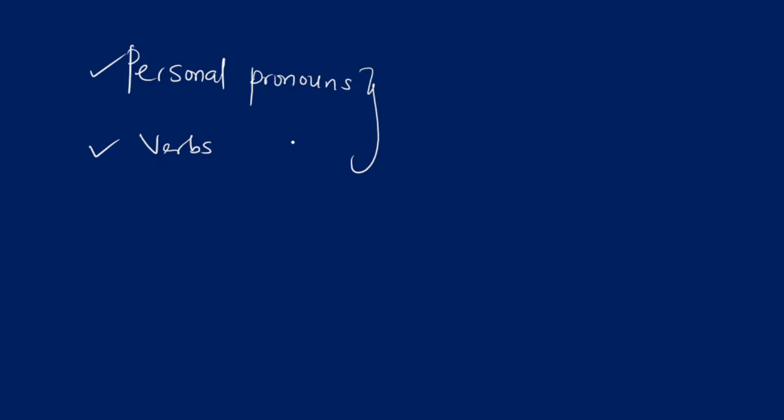The first thing here is, just like in English or any language, your personal pronouns. Let me just use English. I have I, right? I'm talking about the singular first.